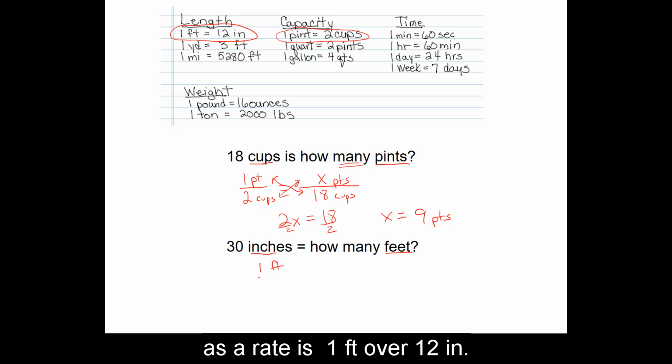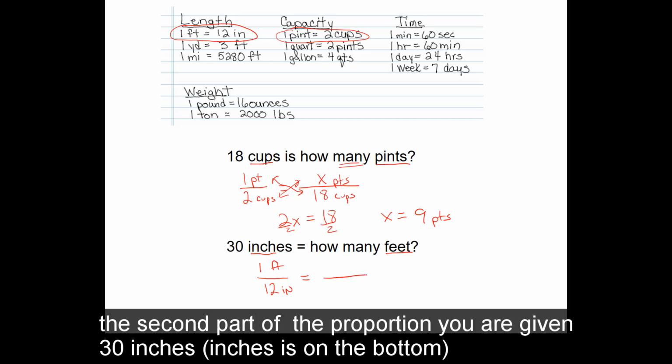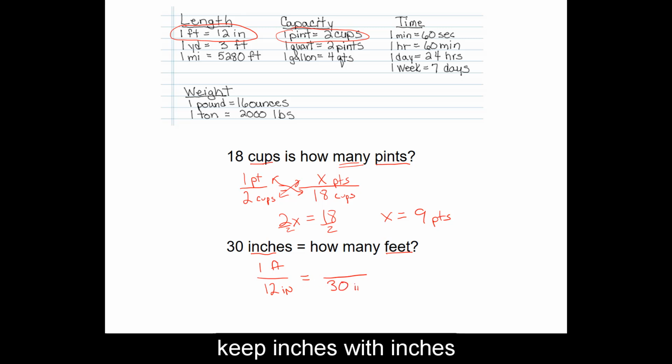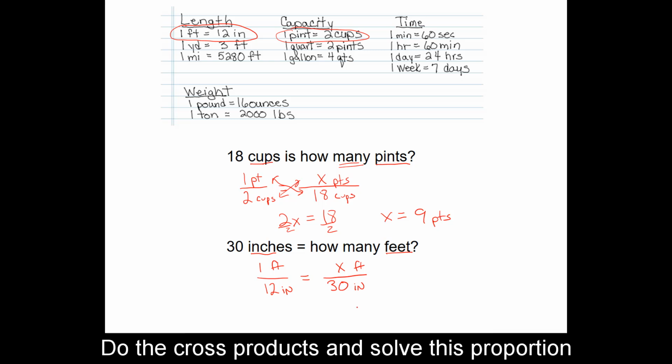So 1 foot is equal to 12 inches. Again, keep your units. And then the second part of the proportion will be what was given. Well, we're given inches, 30 inches. Inches is on the bottom, so we'll keep inches with inches. And they're asked for how many feet. Feet is on top.